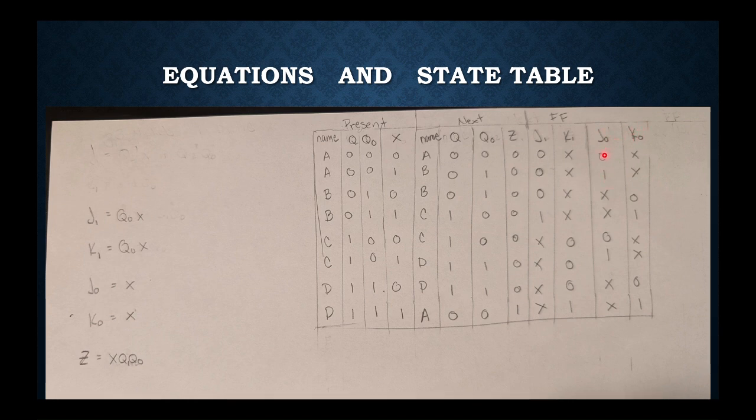We care about the 0, 1, don't care, 0, 1, don't cares. And you can also do the K-maps from these and get these equations as well. But I went from this circuit to the equations to the table, and that's how I got those.